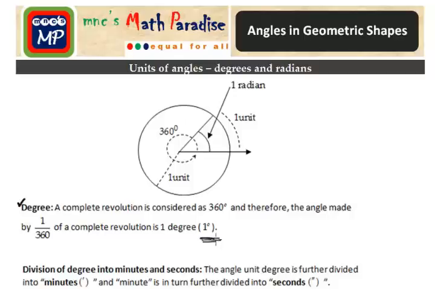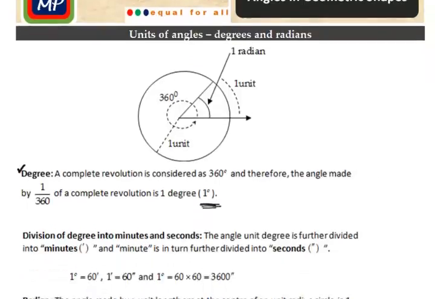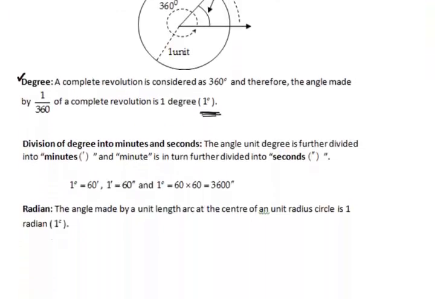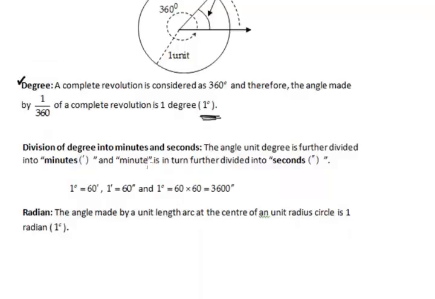And this 1 degree angle is further divided for finer calculations. This angle itself is divided into minutes and seconds. So how is it defined? 1 minute is 1/60th of a degree, that is 1 degree is 60 minutes.